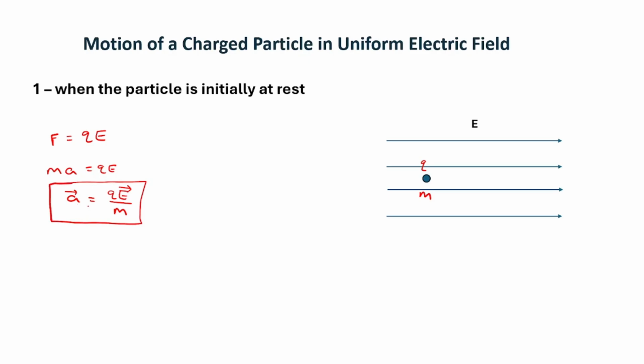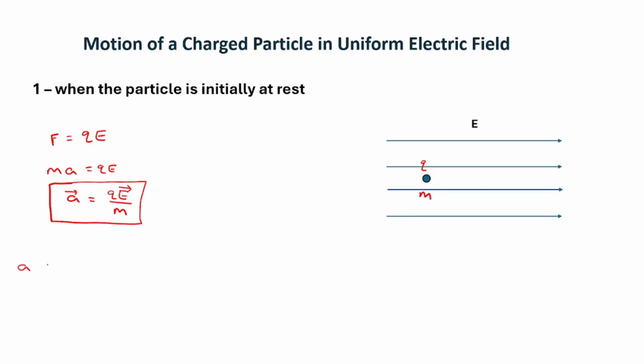And we can say that if the charge is a positive charge, then the acceleration will be in the direction of electric field. And for a negative charge, the acceleration will be opposite to the electric field.